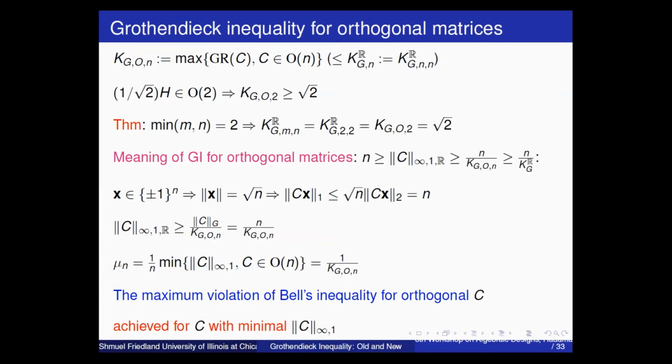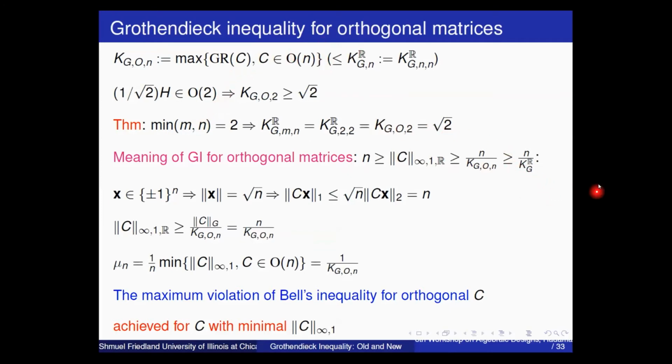But what does it mean to have a Grothendieck inequality for the orthogonal group? It's very easy to show that n is greater than or equal to this norm. But what it says is that it's almost n divided by the Grothendieck constant for the orthogonal matrices, or for all of them.